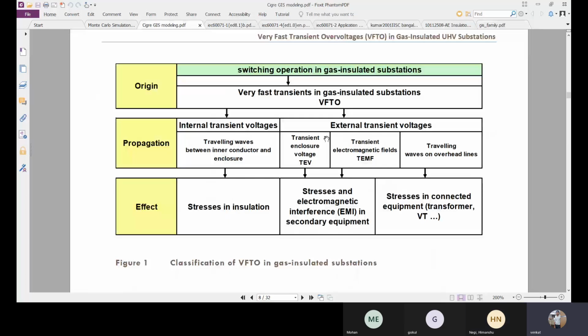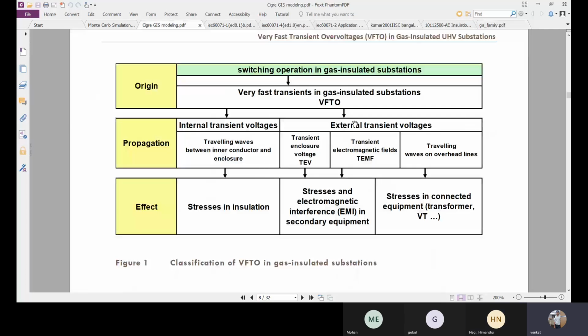Okay, and other than that, we have the external transient voltage. We have only one part for internal transient voltage: as I said, when there is a fault happening, there will be a voltage stress between the conductor and the enclosure.